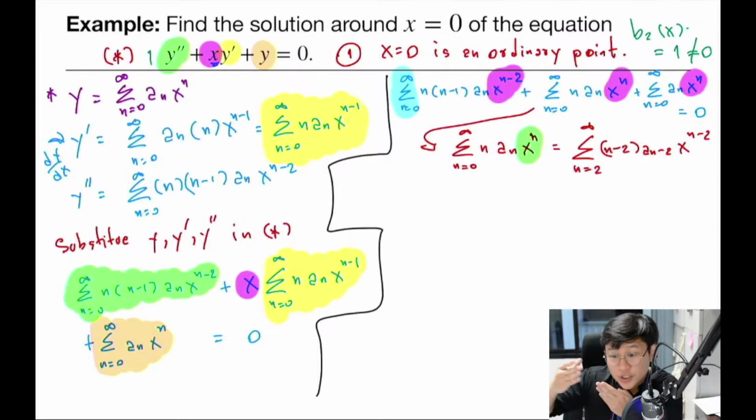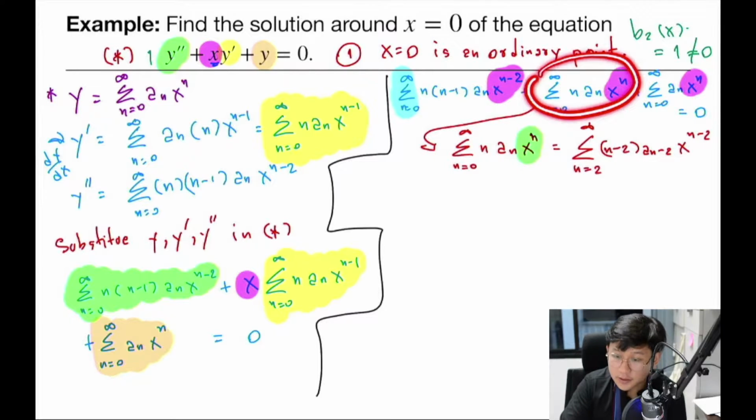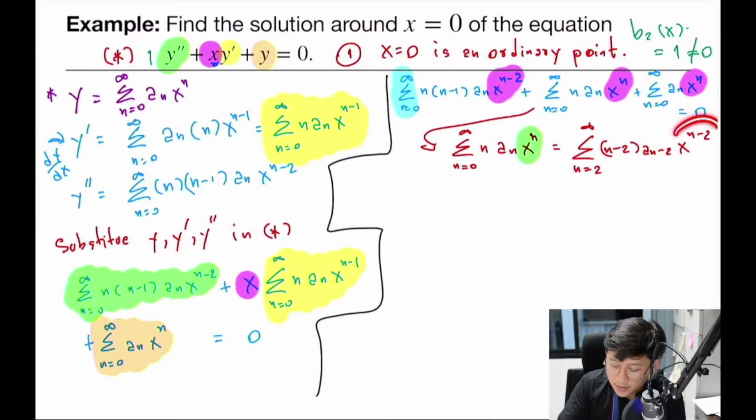If I want to shift it, n from 0 to infinity, I can change it to n from 2 to infinity, and then I substitute n with n minus 2. Good. So in that case, I can write this summation as x to the n minus 2.